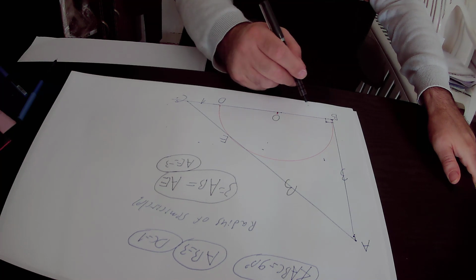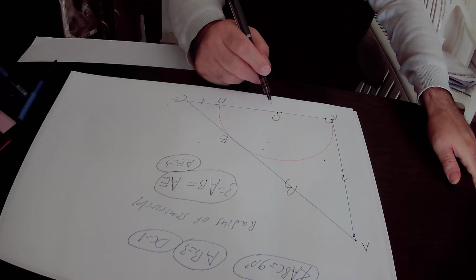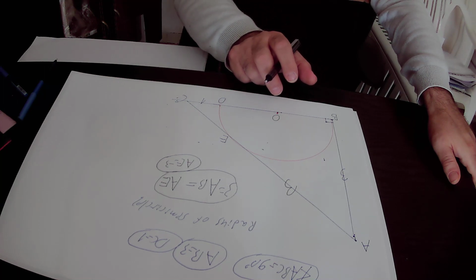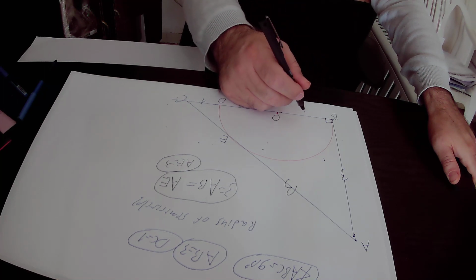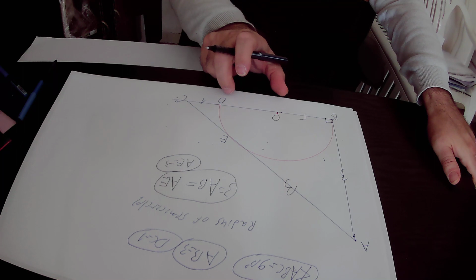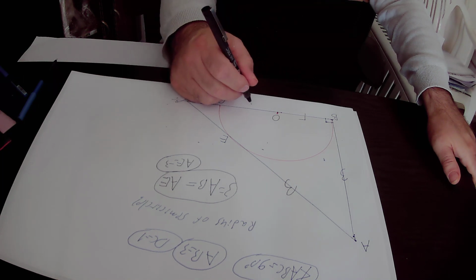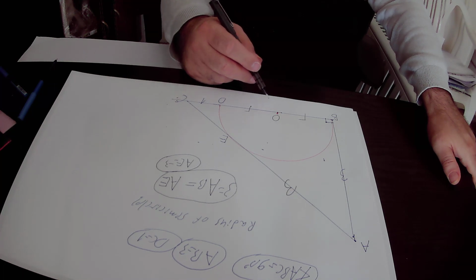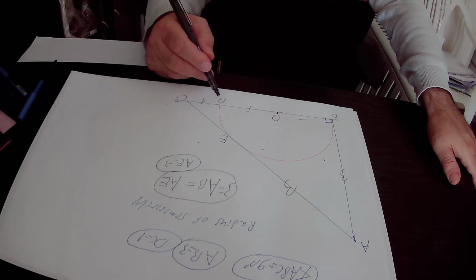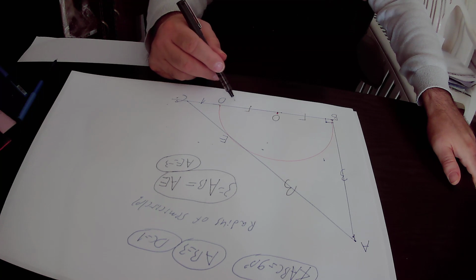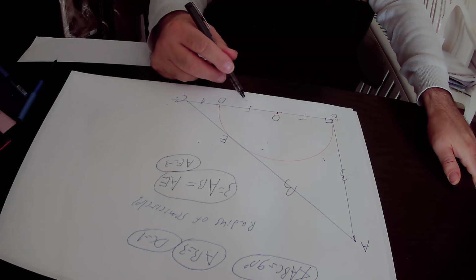Therefore, OB is the radius, so we will define the radius of the semicircle as R. Therefore, OB equals R. Likewise, OD is also the radius of this semicircle, because it starts from point O, the center, and ends at point D, a point on the semicircle itself. Therefore, OD equals R.